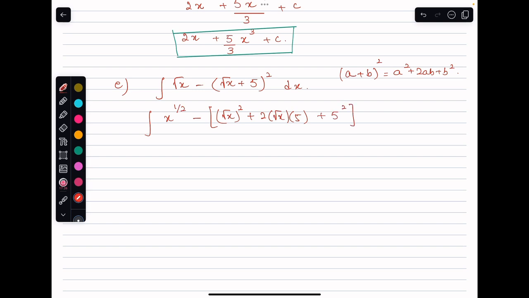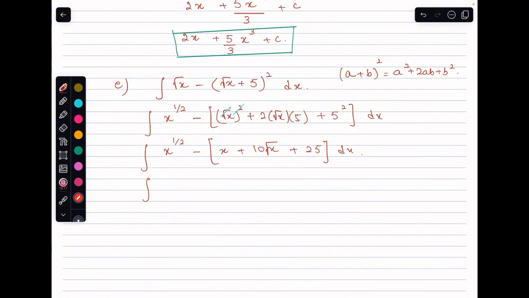And further, I should say that this is then going to be x to the power half minus, now here it's (√x)² the whole square, the two square roots here, they get eliminated, and I shall just be having here an x, and then a positive 10x, and then a 25 dx, meaning I should have a positive 10√x plus a 25.